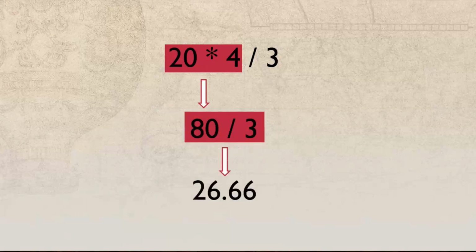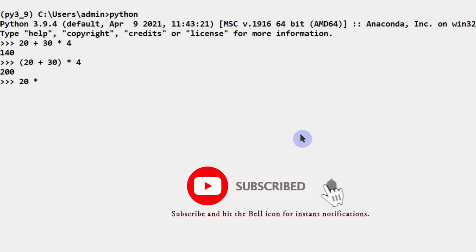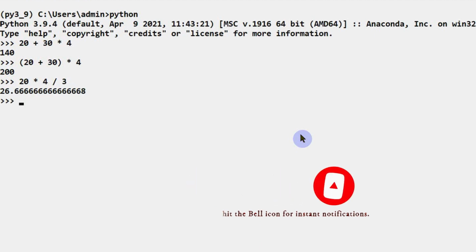Because of this division, we will get a floating point value, that is 26.66. Then we run this expression, 20 multiplied by 4 divided by 3, and we got 26.66.